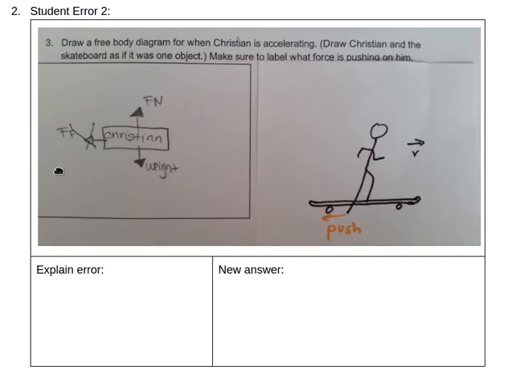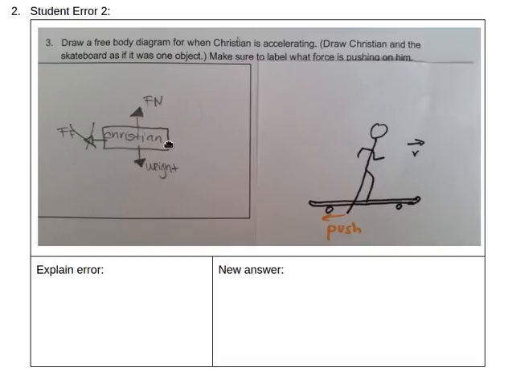However, this friction is going against the foot's movement, right? When Christian wants to move his foot back, the friction force pushes his foot forward. And the reason why Christian moves forward is because the friction pushes his foot and him and the skateboard forward.